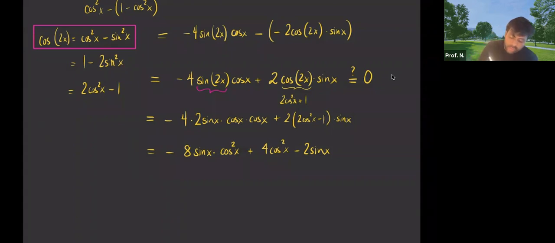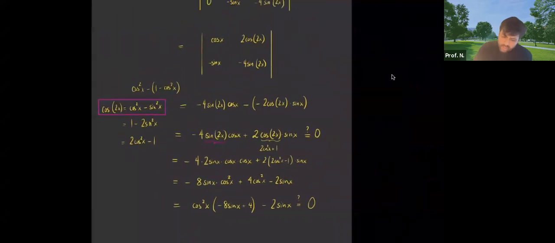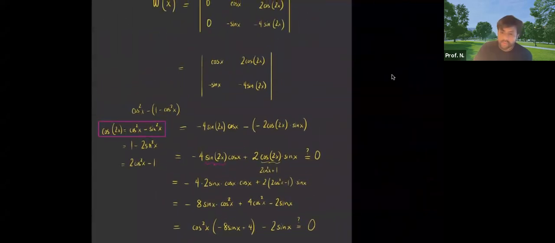So what can we do? We can write this as cosine squared x is negative 8 sine x plus 4 minus 2 sine x. Does this equal 0 at all? This is a very interesting example.